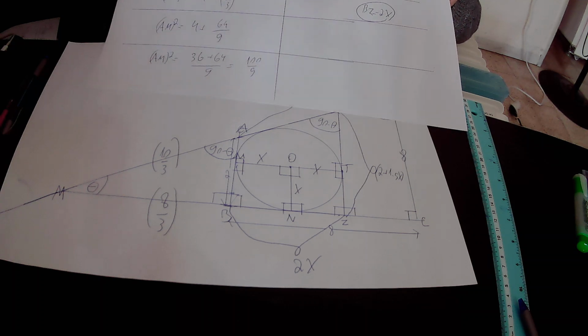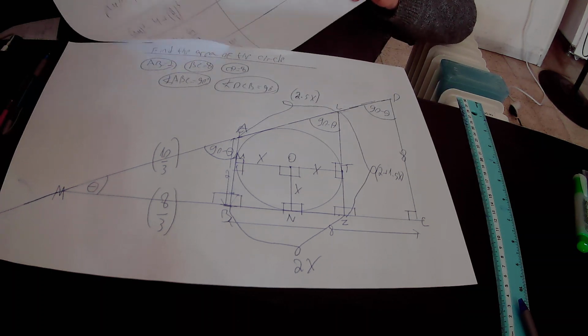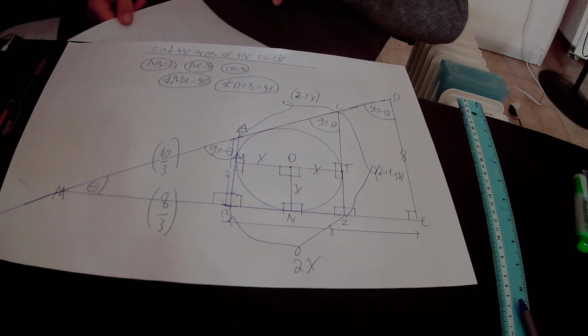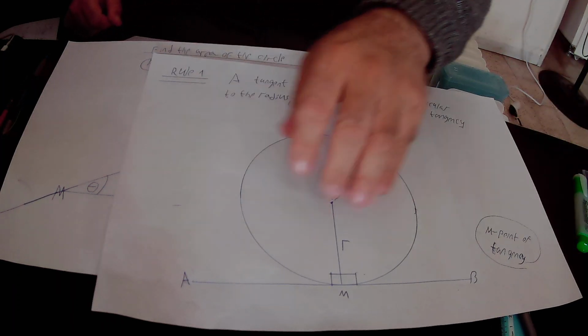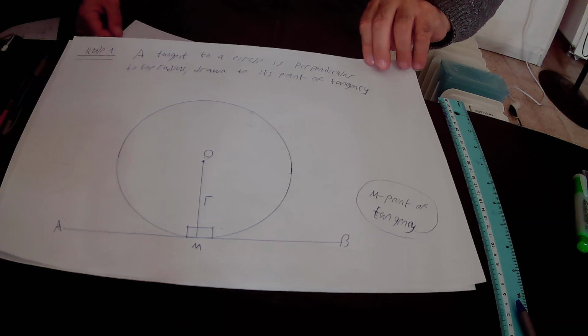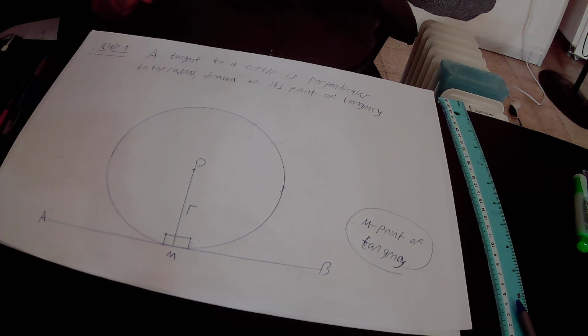Then I presented rule number 1 and we implemented it in our drawing. According to rule number 1, a tangent to a circle is perpendicular to the radius drawn to its point of tangency.